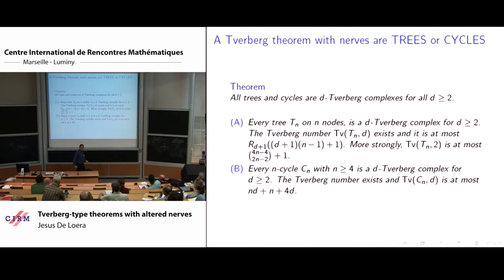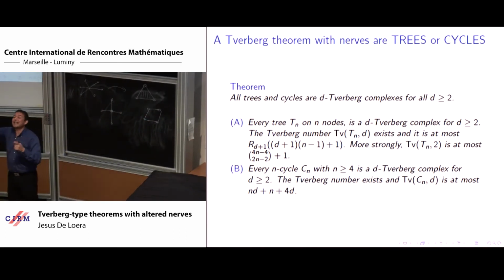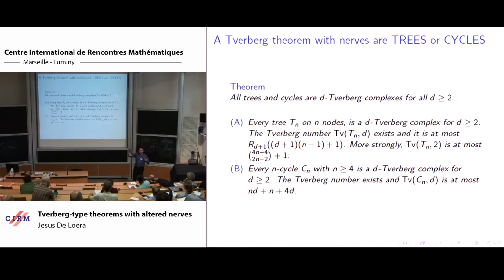And by a cycle I really mean a cycle. If I say a cycle like this, I'm not taking the interior. It's just the cycle as a graph, as a one-dimensional simplicial complex. That's important. Is the statement of the theorem clear?